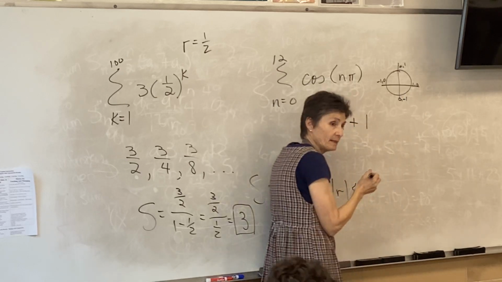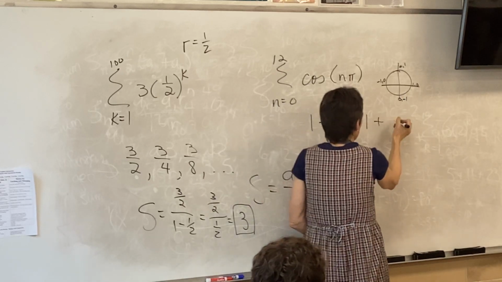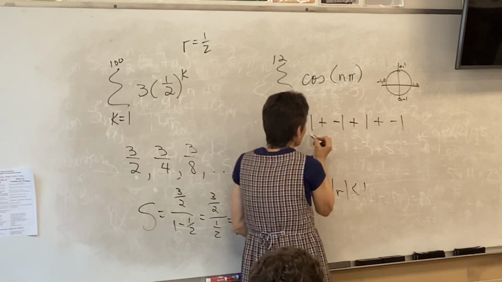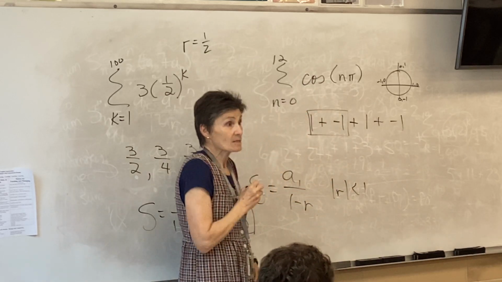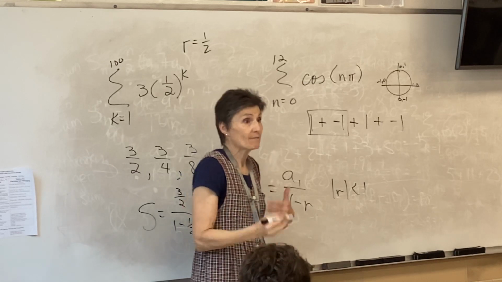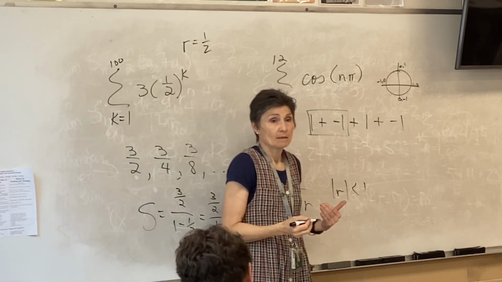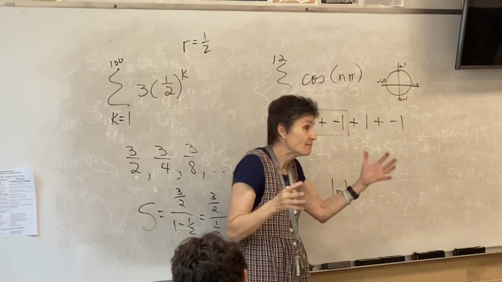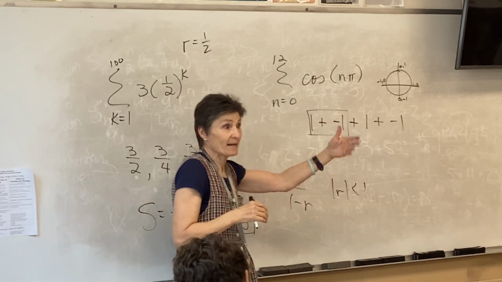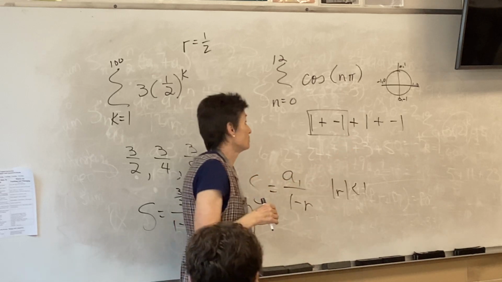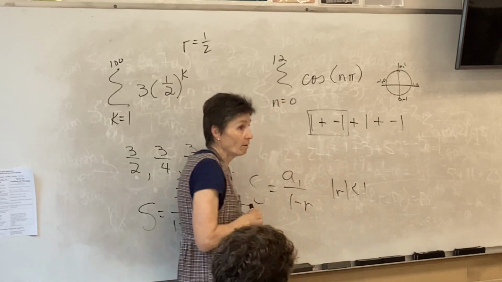All right, so what's happening? We're just going back and forth, and we're adding, so isn't every pair going to cancel? So what I really need to figure out is, do I have an even number? If I have an even number, they're going to 0. And if I have an odd number, then there's gonna be that extra 1 on the end. So, I'm going all the way to 12.